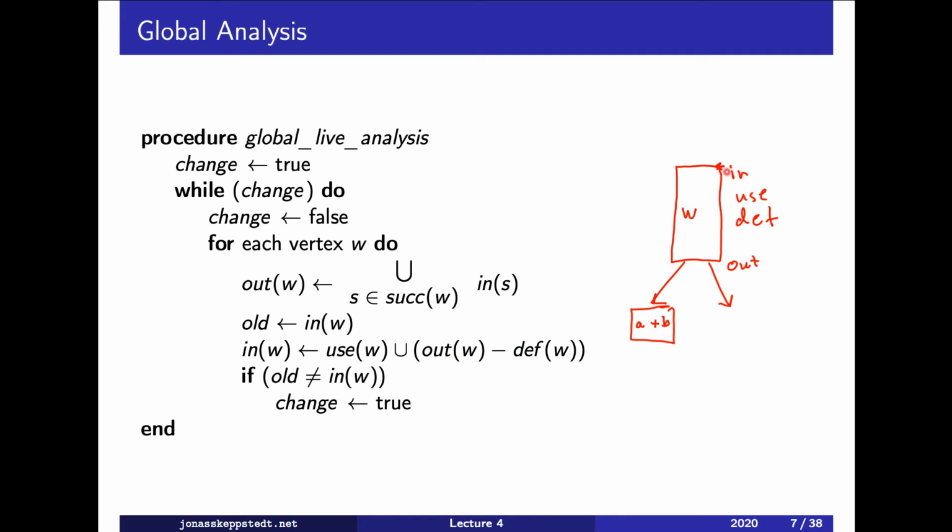Okay, so these are the variables which are in the inset, and that means that they are in the inset will be informed, propagated information to the predecessors of this vertex. Namely, when a predecessor uses this. Okay, so if there was a difference between old and in, then we set change to true and repeat this.